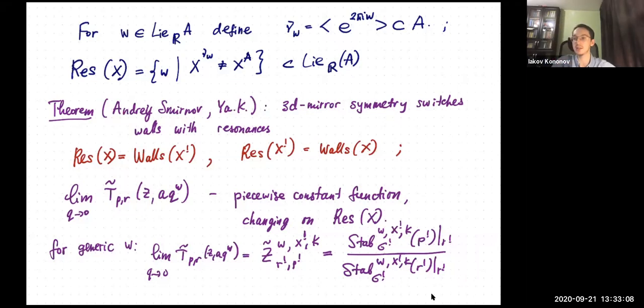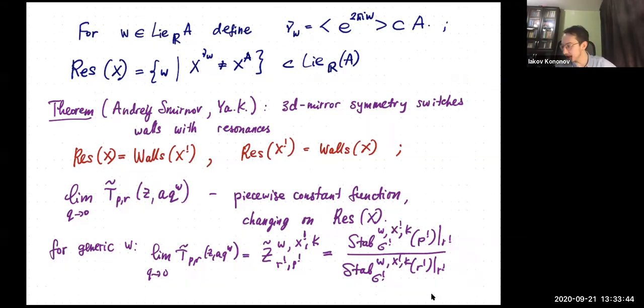Let's define the resonant set of X to be values of W, so that the fixed point set for that cyclic subgroup is larger than just the set of all fixed points. And this is some hyperplane arrangement in the Lie algebra of A. And we proved that 3D mirror symmetry switches walls with resonances of the variety and the dual variety.